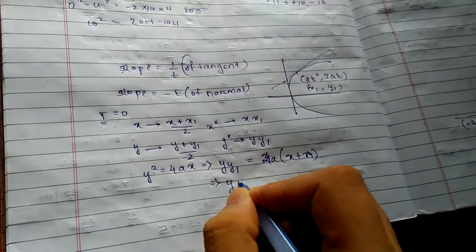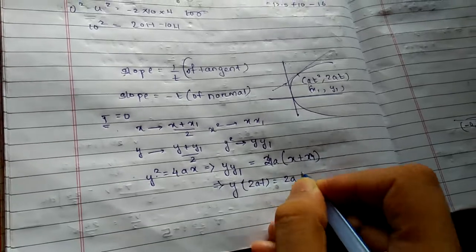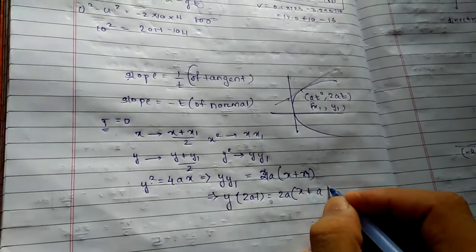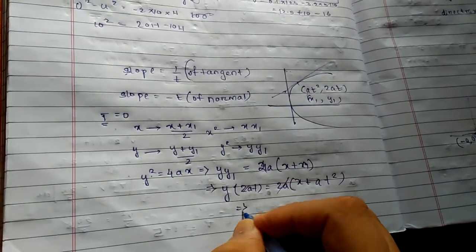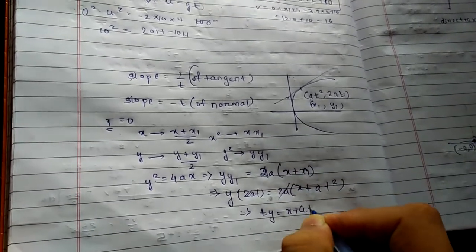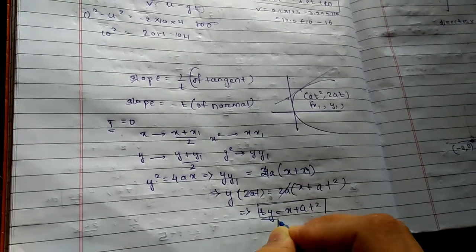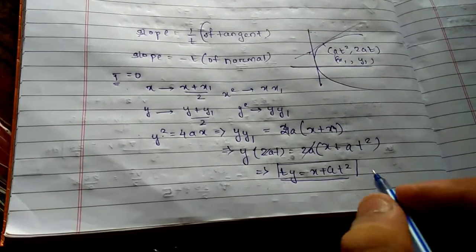This implies y into, what's y1? It's 2at, equal to 2a into (x plus, what's this x1? at square). Okay, this 2a and this 2a cancel. This implies ty equal to x plus at square is the equation of the tangent at any point t on the curve y square equal to 4ax. This should be clearly learned.